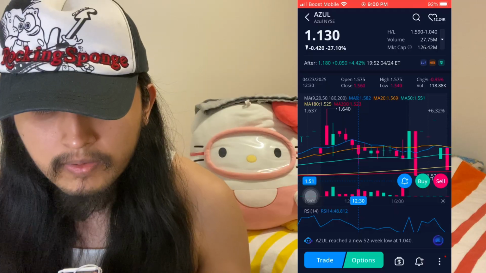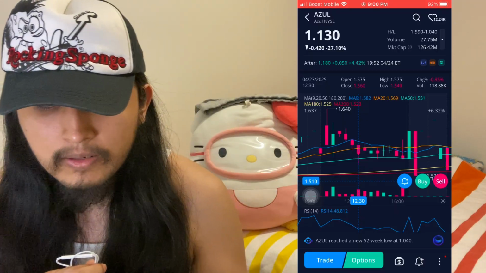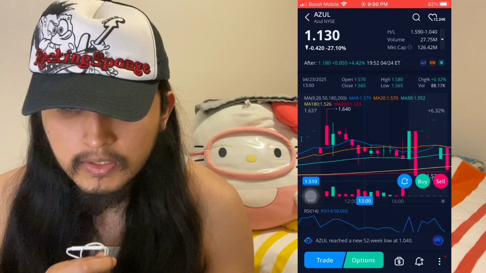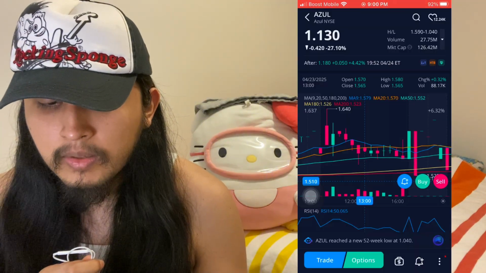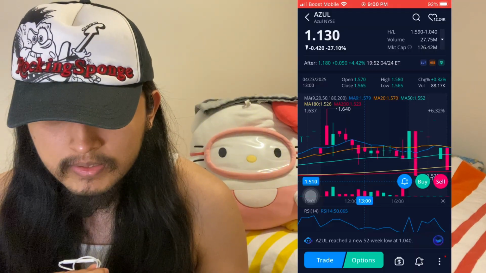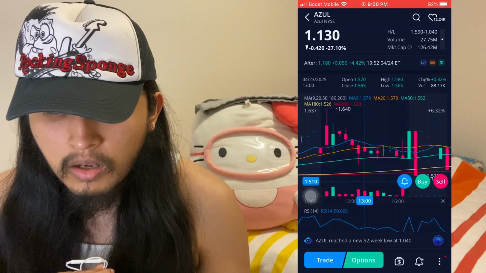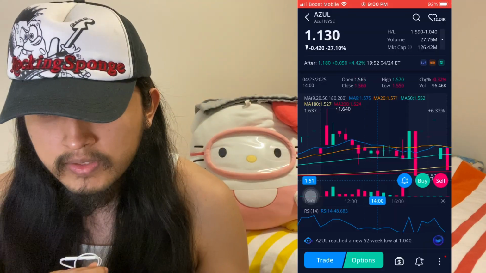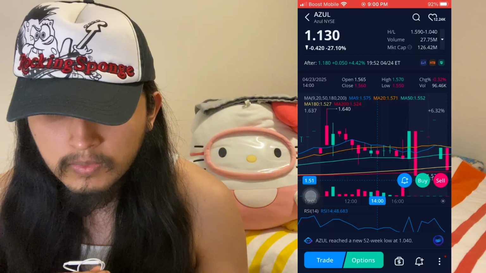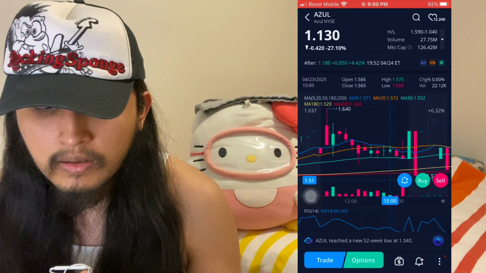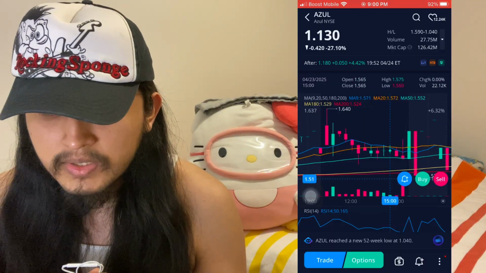But somehow in the next candle, the 13 candle, it managed to break above the 20-day moving average, tried breaking the 9-day moving average, but completely failed. And then you can see a pattern that AZUL, or ticker symbol AZUL, tried breaking the 20-day moving average throughout the whole afternoon, and it was just getting rejected by it.